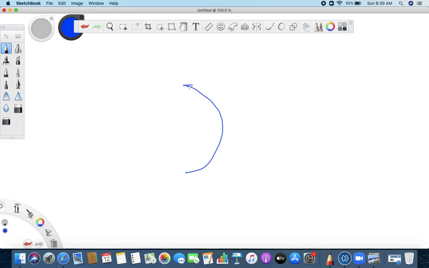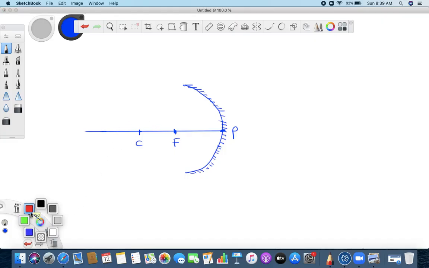So you draw your principal axis, then you put P, F and C. Now you are putting your object beyond center of curvature.